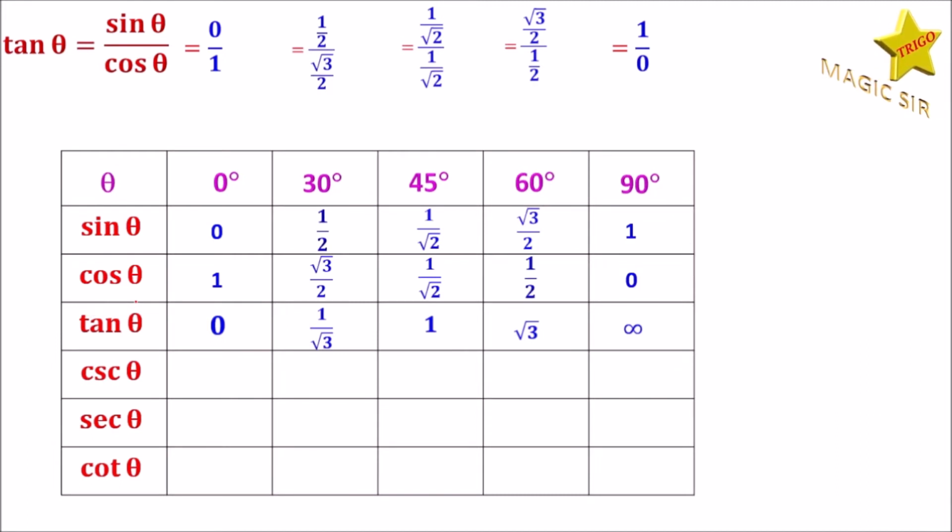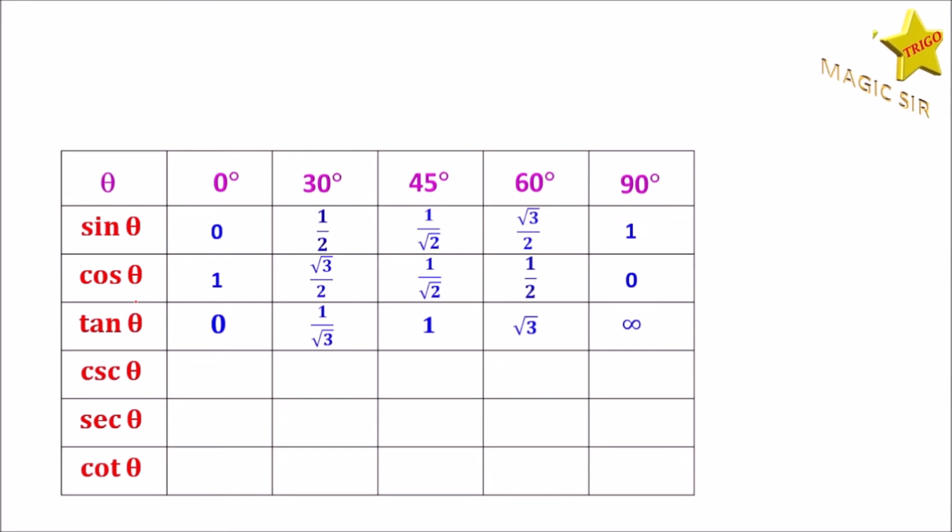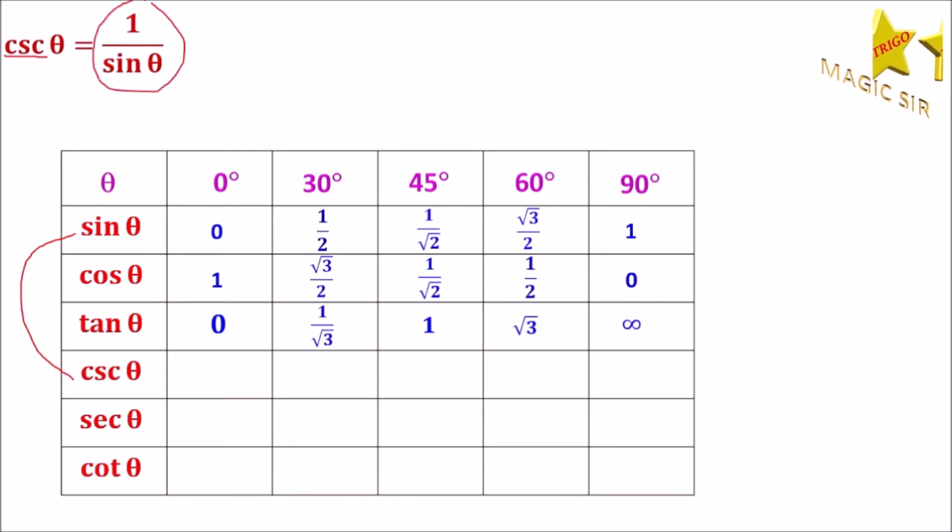We know that cosec theta is the reciprocal of sin theta. Sometimes we write cosec theta as C instead. So cosec theta is equal to 1 upon sin theta.